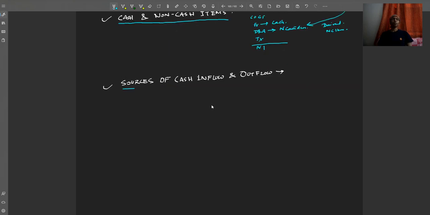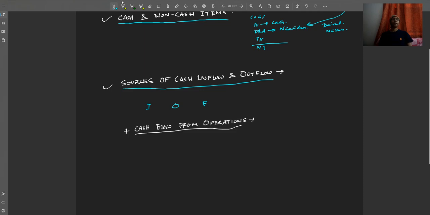Sources of cash inflow and outflow. There are mainly three sources of cash inflow and outflow. They are investments, operations, and financing. Now we will understand each of these items separately, friends. First comes cash flow from operations.